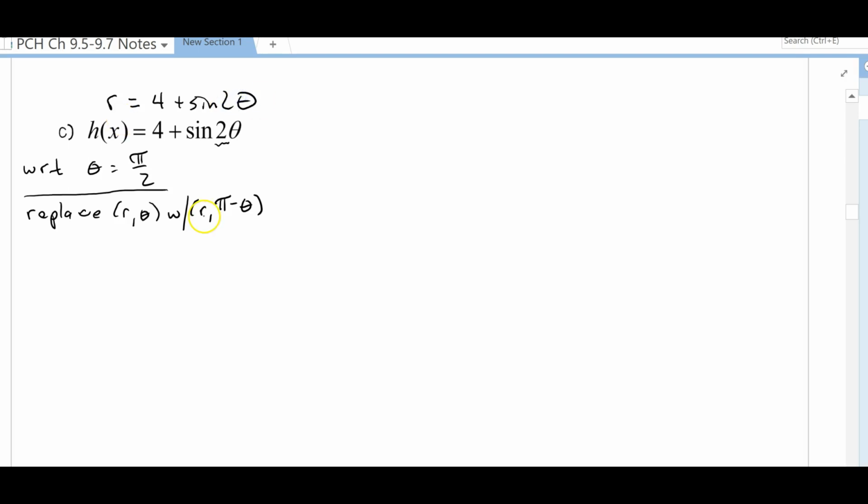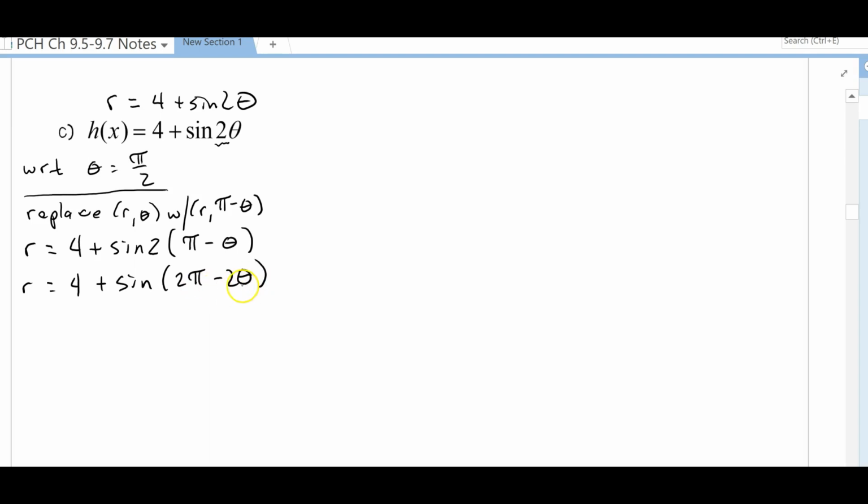So the r, we're just going to leave as r because we're replacing it with r. So we've got r equals 4 plus sine of 2 times, and we're going to replace theta with pi minus theta. Alright, so we have r is equal to 4 plus sine of 2 pi minus 2 theta.